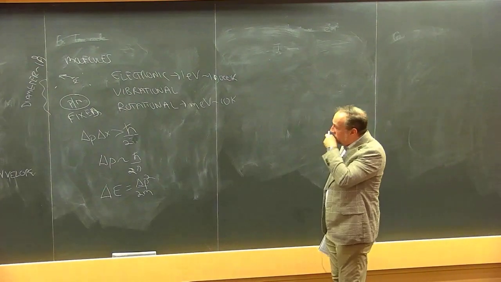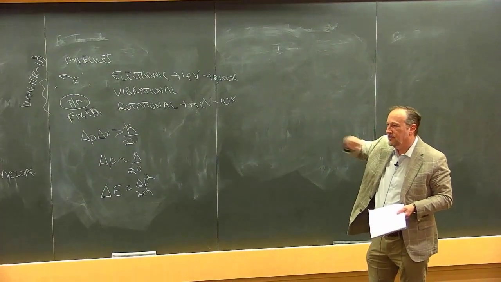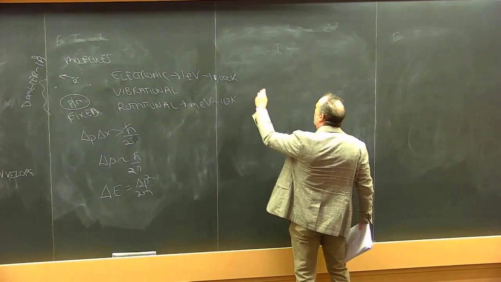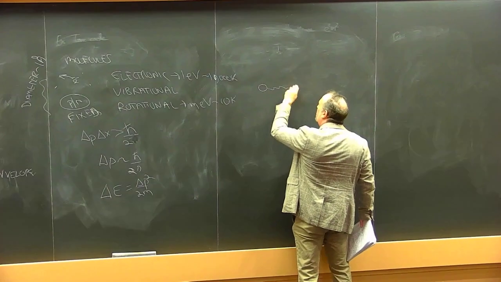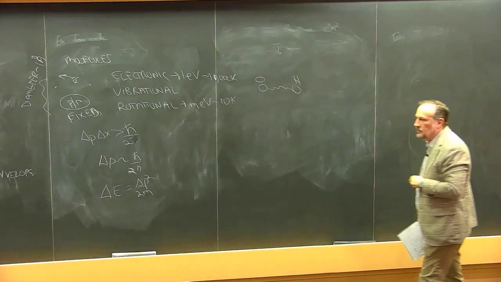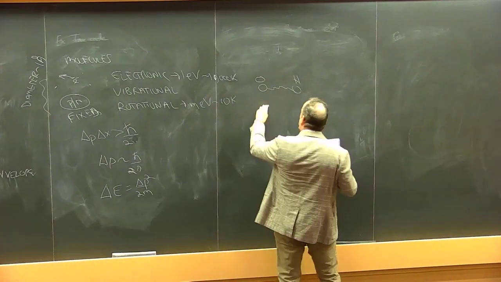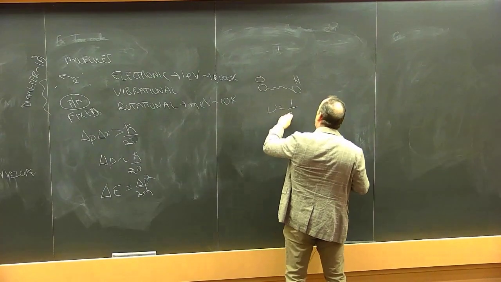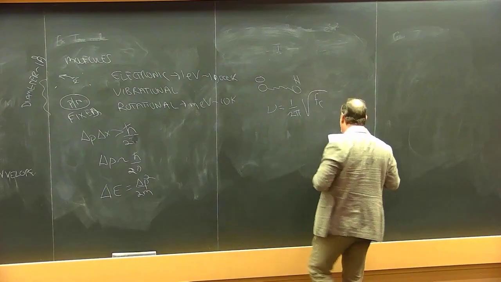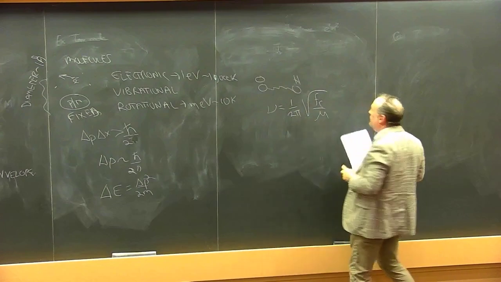Now for the vibration, it gets a little bit trickier. You can't play this same simple game, and obviously this is very, very simple. But for there, you just use Hooke's law. So if I have my OH in a water molecule, the vibrational frequency is 1 over 2 pi square root of some force constant over the mean molecular weight.